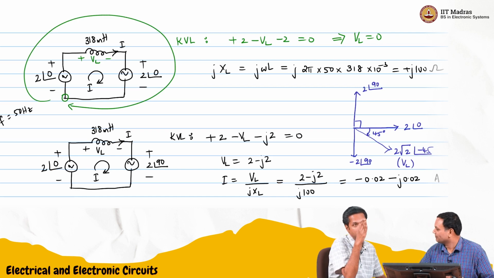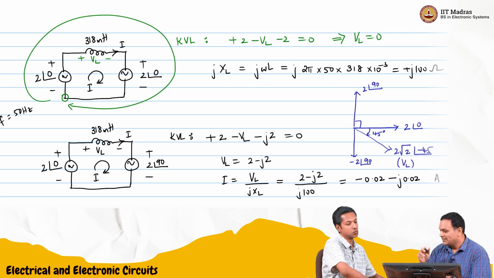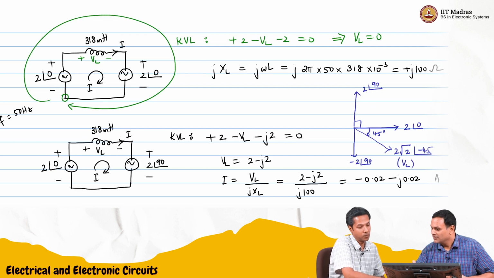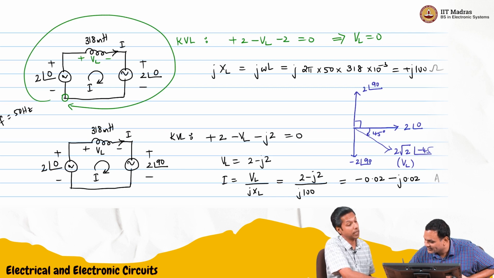So from this difference in voltage, current should be lagging by an additional 90 degrees. Correct. And then the magnitude will also get smaller by the reactance of the inductor. So this was 100, so the magnitude will be 100 times smaller, and the units in amperes will also change. And you need to lag by another 90 degrees, so that would be minus 135.